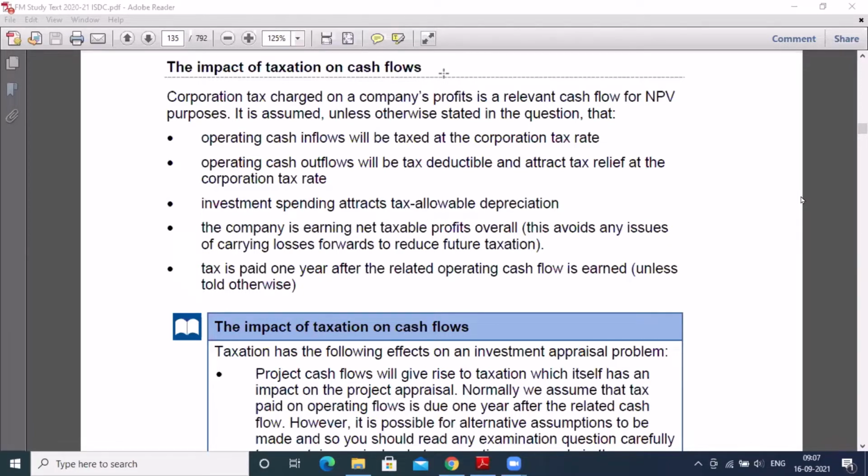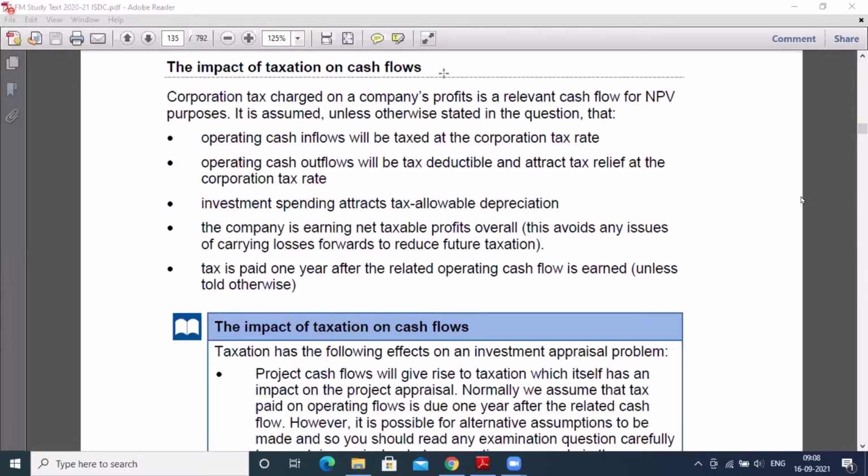The saving in the wages and the saving in the material is nothing but relevant cash flow. It means we consider that particular cash flow for making investment decisions. So relevant cash flow is nothing but cash flows which are considered for making the investment decisions. Same in this case also, whatever tax we generally pay on the profits will be considered a relevant cash flow for calculating the NPV.